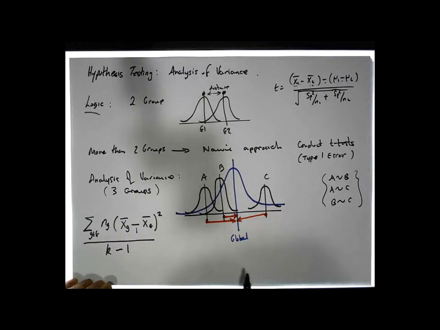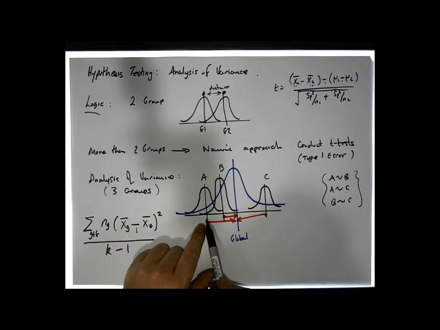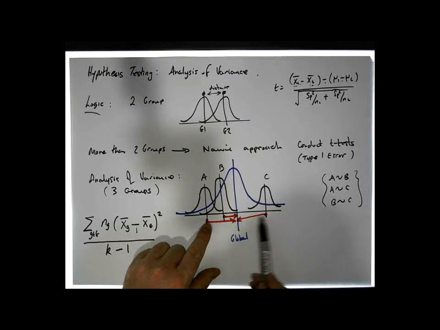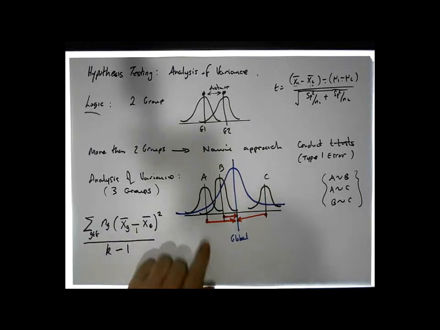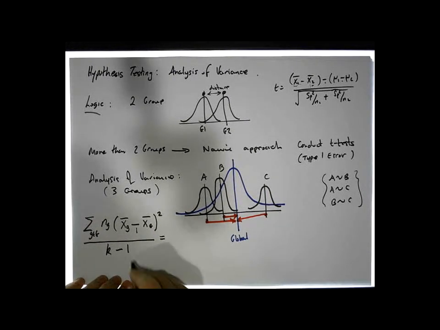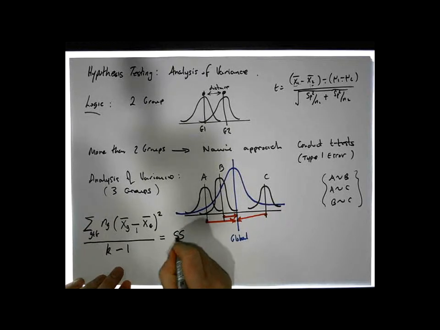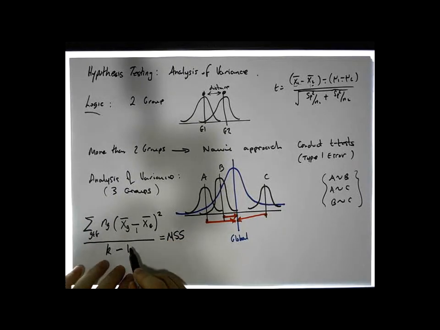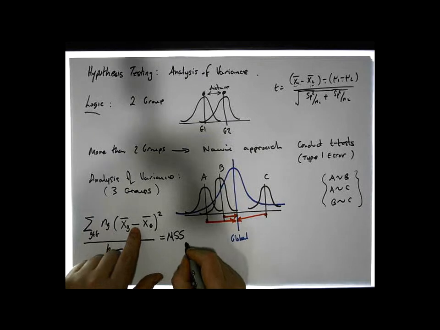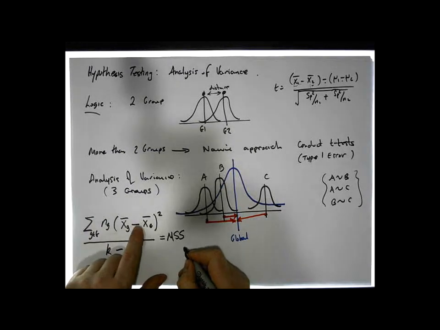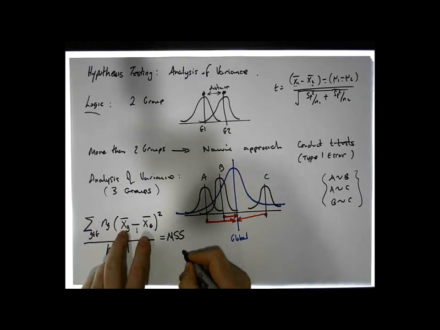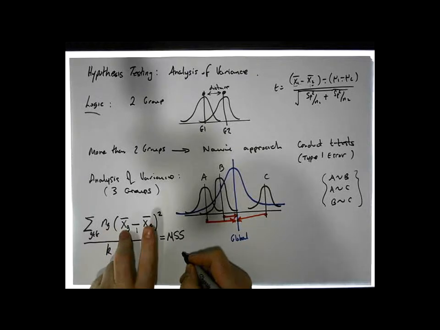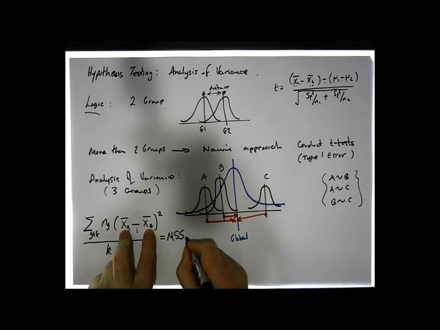So effectively this is a measure of the distance between the actual individual distributions. So what we're going to call this is a mean sum of squares, a mean sum of squares for the between distance between our individual distributions and the global distribution. So we're going to call this our between measure.